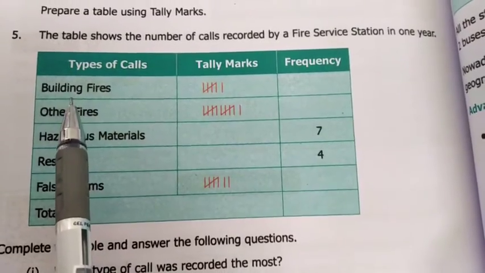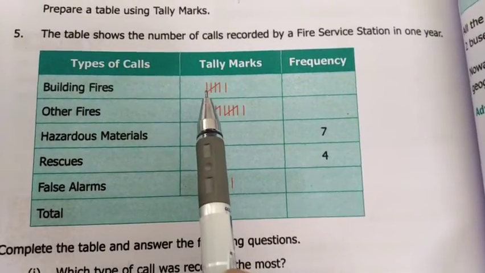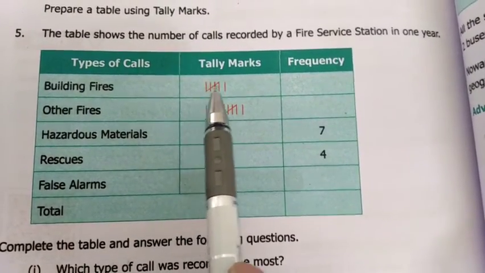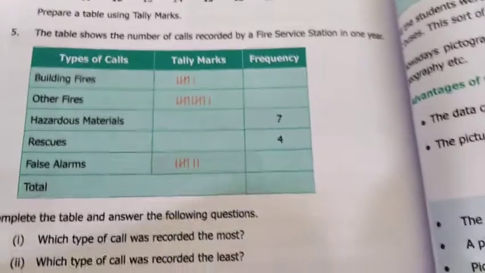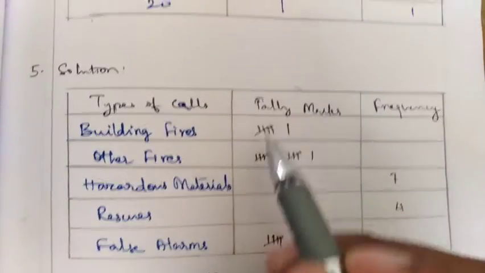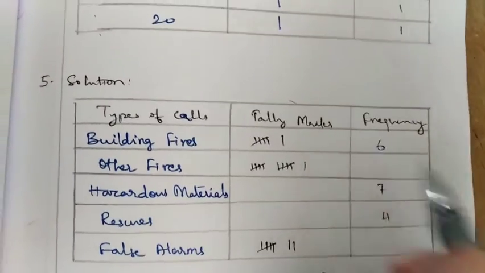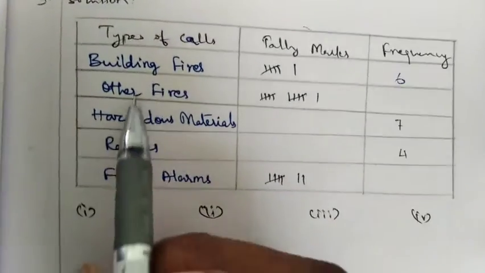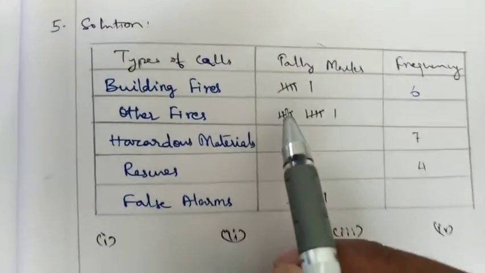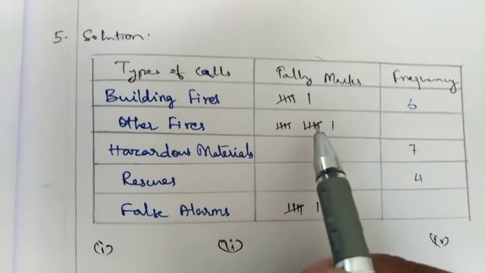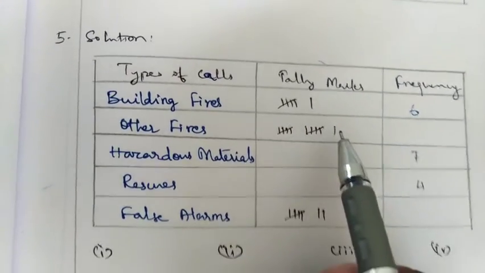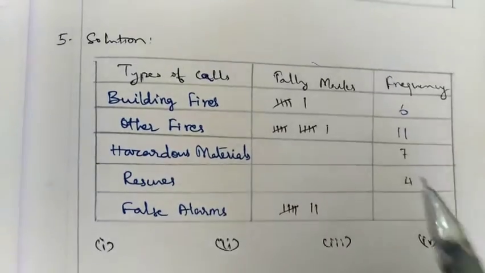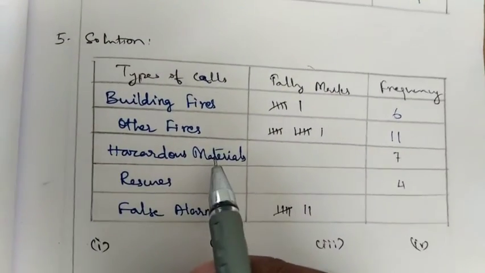For building fires, the calls came about 1, 2, 3, 4, 5. No strike. So it is 5. 5 plus 1, 6. So let us fill the column. And the calls for other fires were 5. This is 5 and this is 5. So 5 plus 5, 10. 10 plus 1, 11.